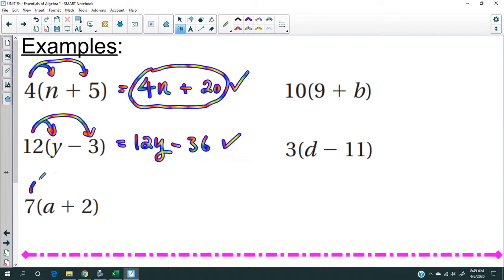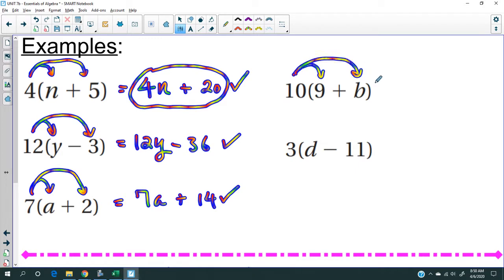Let's see. 7 times a is 7a, plus 14. Now this one, double rainbow: 10 times 9 is 90, plus 10 times b is what? Yep, 10b.